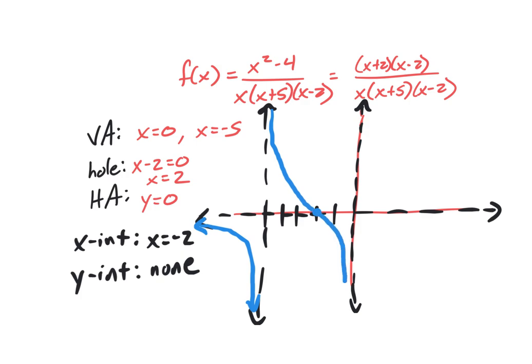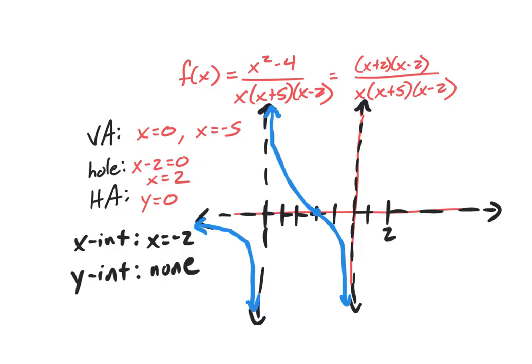It's going to go through at -2, and it's going to kind of curve down here. It's going to approach both of those axes, or asymptotes, I should say. Okay, and then at x equals 2, we said there is a hole.